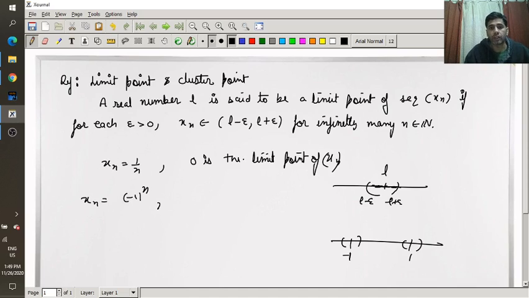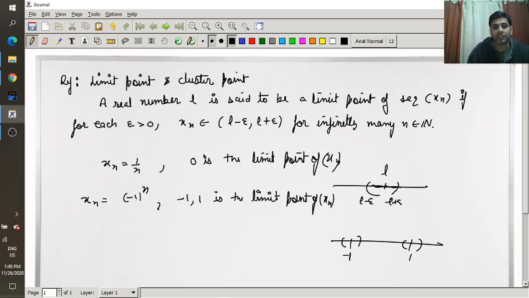So that point is a limit point in which each neighborhood contains infinite terms of the sequence. हम terms की बात कर रहे हैं, हम number की बात नहीं कर रहे हैं. अब यहाँ पे 1 और -1 are the limit points of xn. इसको थोड़ा ध्यान से समझो. अब आप देखोगे कि 1 और -1 के आसपास तो कोई भी नंबर नहीं है सीक्वेंस का, राइट?